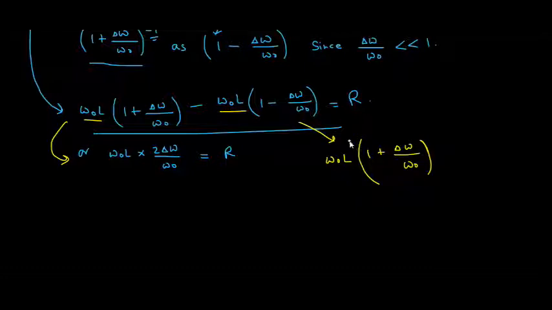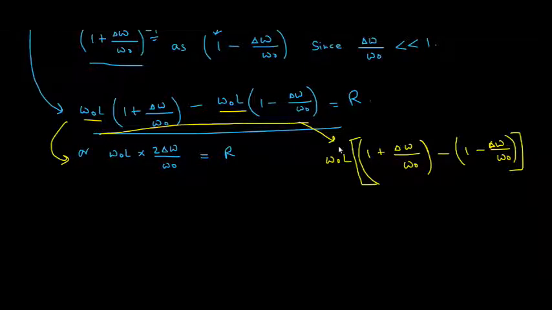So write under square bracket. So already you have taken common. What is left here? Minus 1 minus delta omega upon omega naught. Correct? This whole equation can be converted into this.